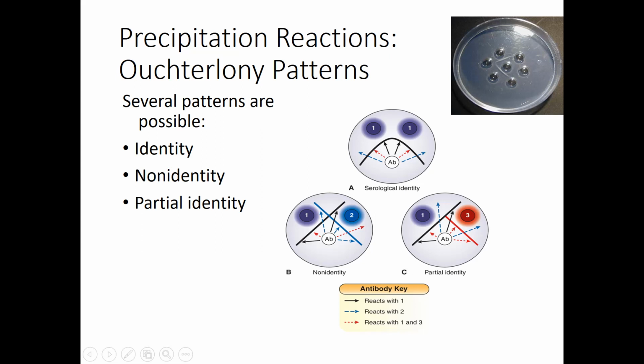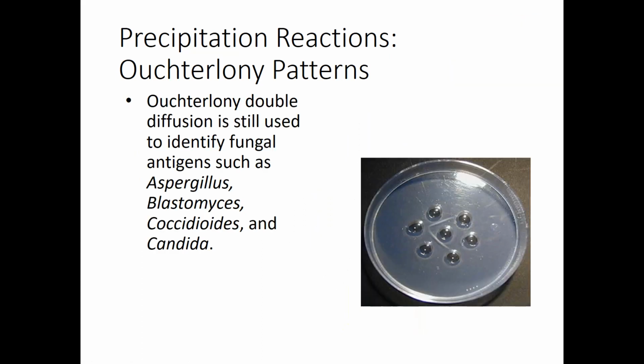It's not exactly that arc of identity, but it's not exactly non-identity either. When we get this almost like a T shape, we call that partial identity. And what that's telling us is that these antigens are very closely related. They're cross-reacting, but they're not identical to each other. So we call them partial identity. Partial identity really, again, is just telling us that they're closely related antigens, not exactly the same.